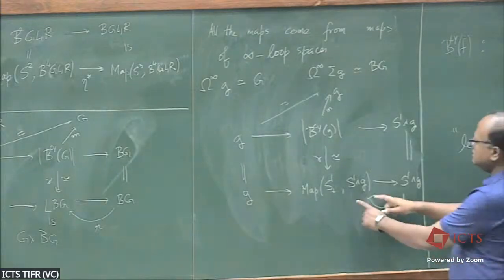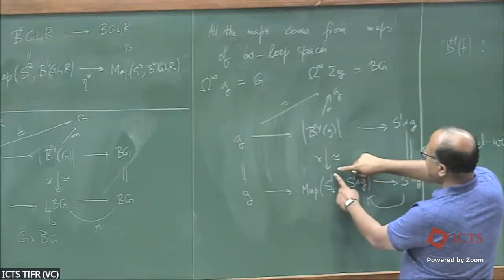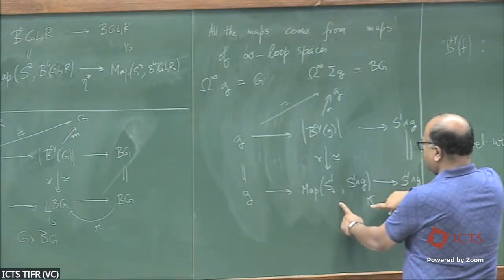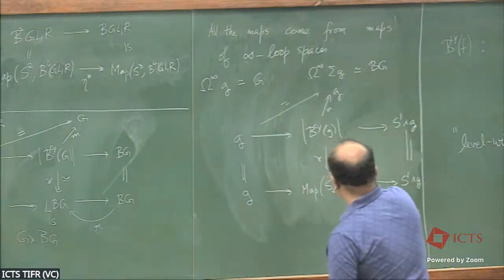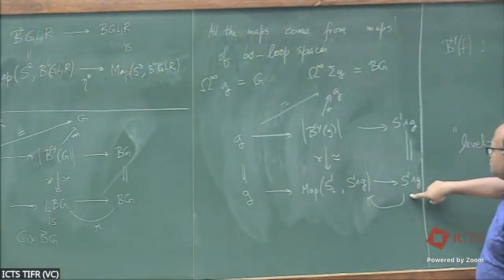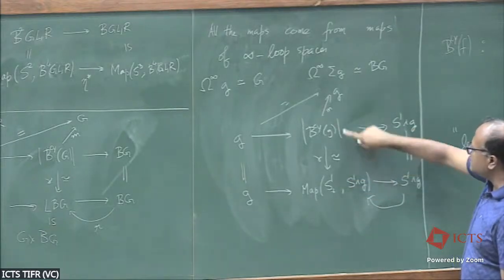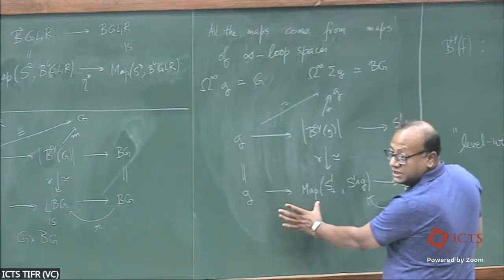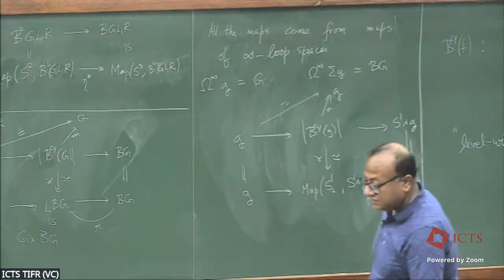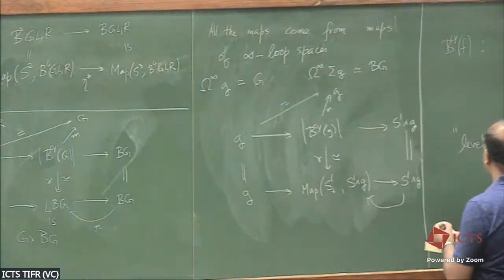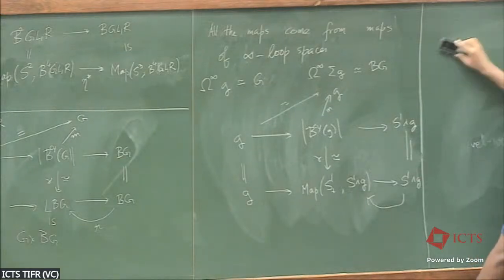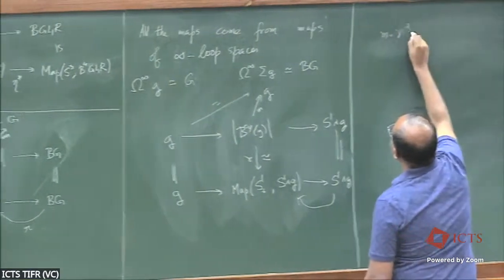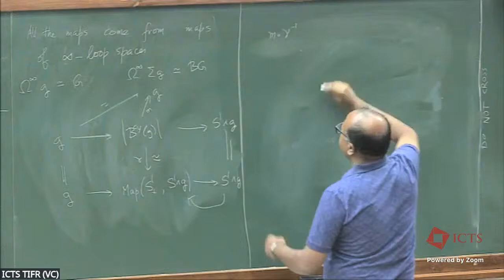So here, basically we are looking at M circle gamma inverse, and so as spectra, this is the wedge of these two. Because M circle gamma inverse comes from this infinite loop map, we just have to study the map on each individual factor. Now I have to analyze this M circle gamma inverse. This is the map of spectra now.